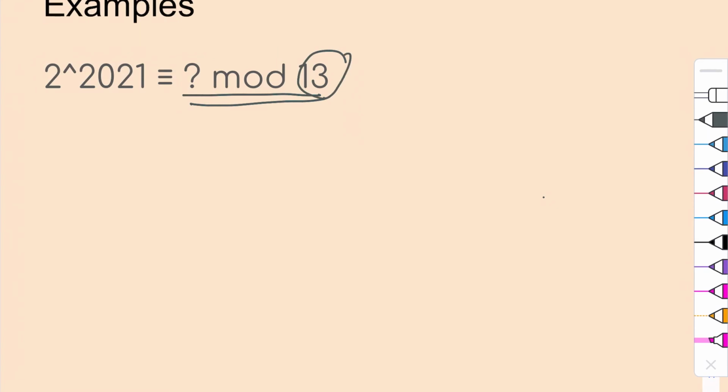Based on the theorem, we know that 2 to the 12th power is going to be equivalent to 1 mod 13.